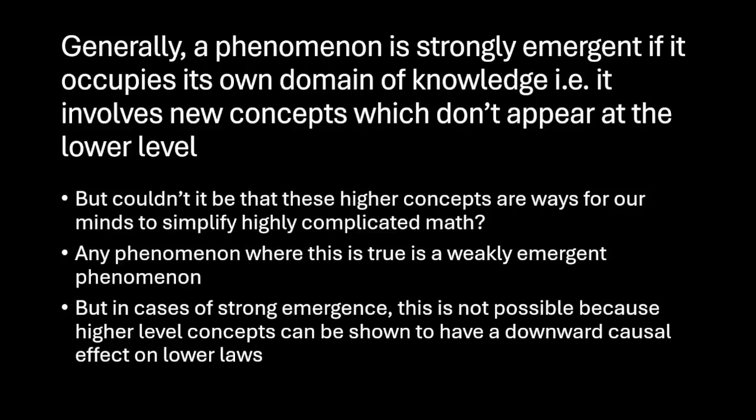Originally we thought of emergence as being upward causation, like smaller things give rise to bigger things. But what's happening with strong emergence is that those bigger things are now affecting the smaller things. And whenever this happens, there's no way to use the lower level laws to derive that higher level phenomenon, because the lower level laws themselves have been shifted or altered in this context.